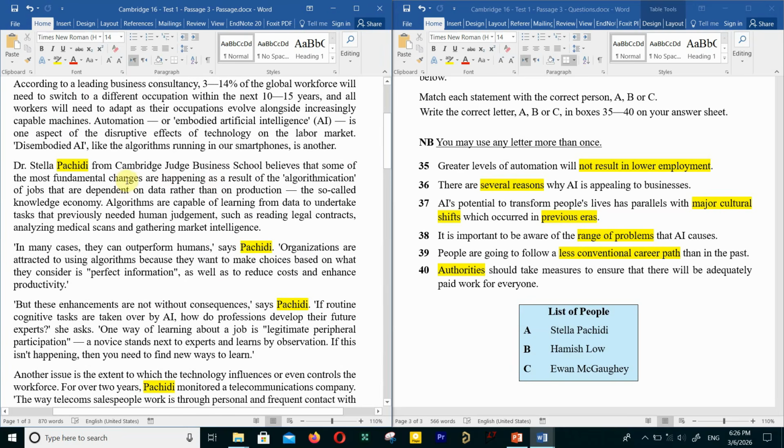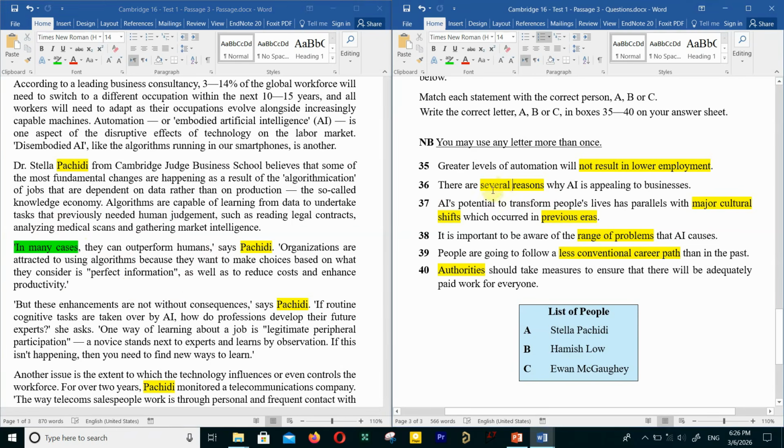Pachidi. Where is its quotation? Here it says that in many cases they can outperform humans. Does it ring a bell for you guys? In many cases, they can outperform humans. This is kind of a difficult one to answer. But here, in many cases, mentions the several reasons why AI is appealing to business.